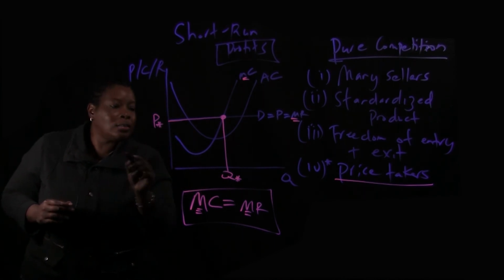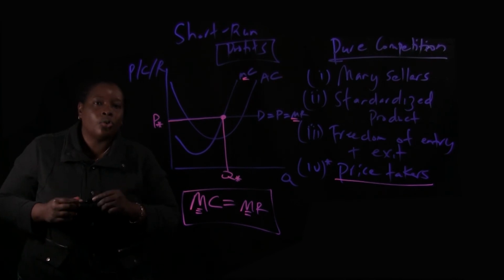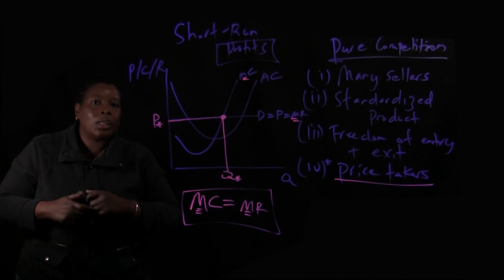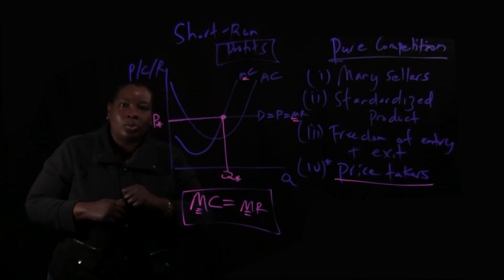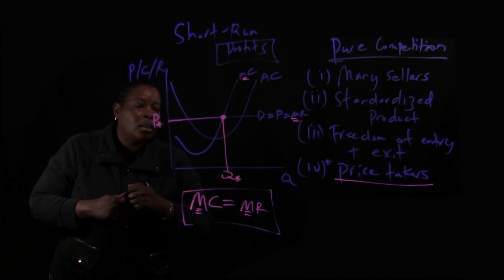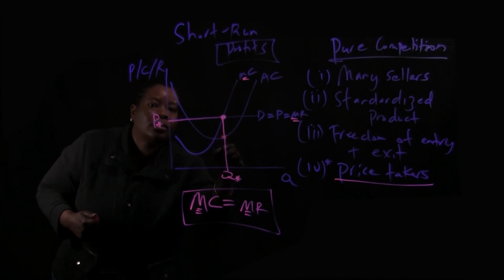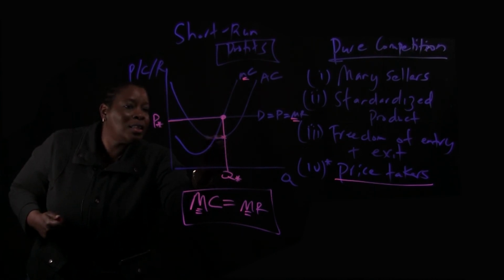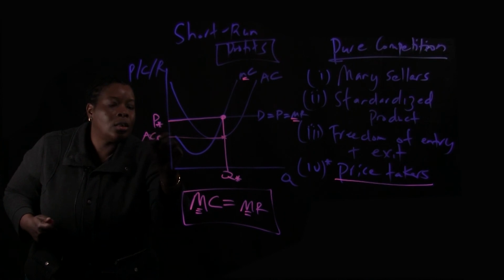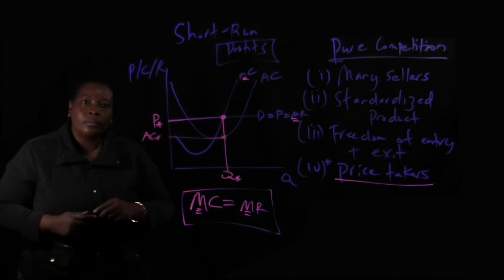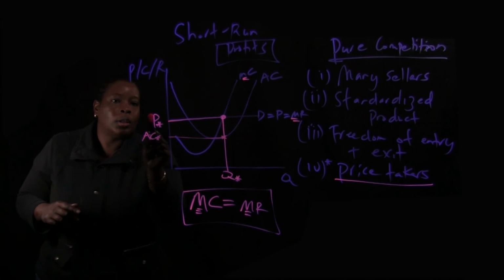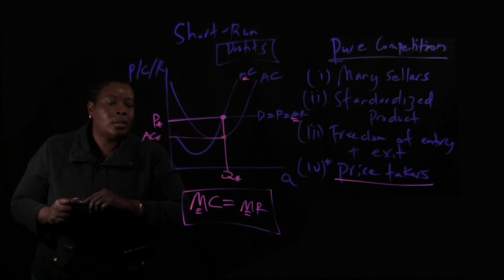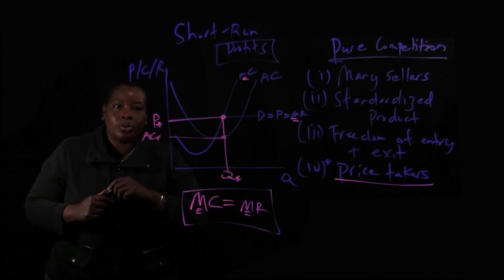So if we have price and quantity, now you know how much revenue the firm will earn. Now you need to figure out how much will it cost you to produce that Q star. If you want to figure out the cost for Q star, it's going to be right here where I'm putting this X. You see this quantity where it cuts the AC? That is the cost to produce Q star. Now look, the price you fetch on the market is now higher than the cost to produce the good.